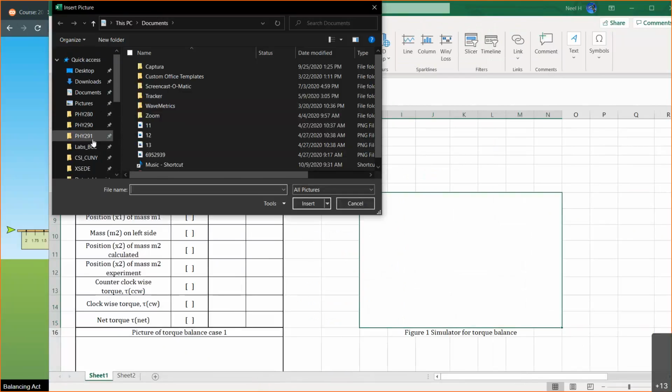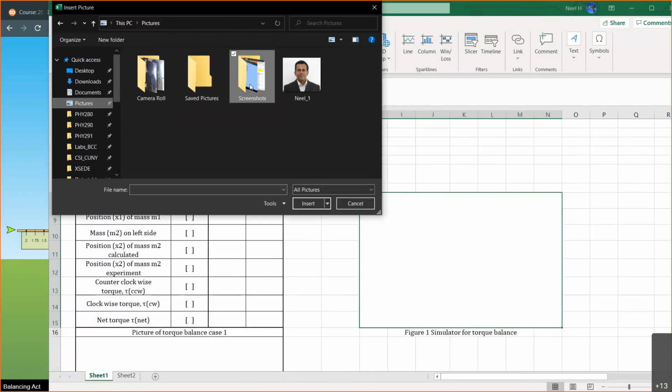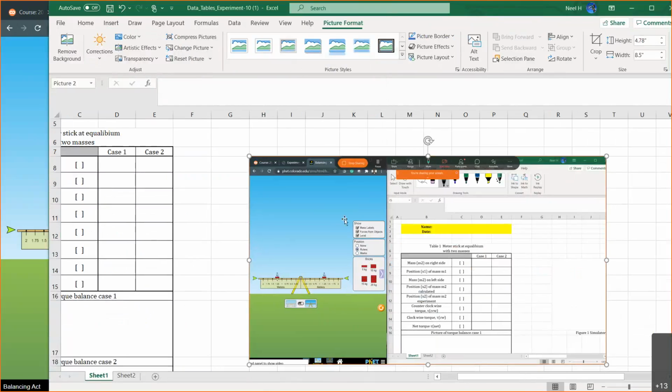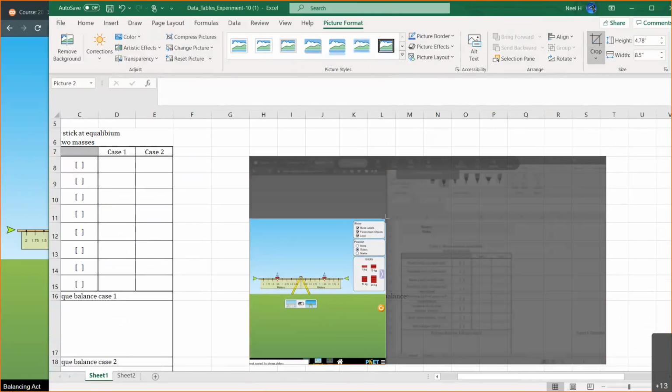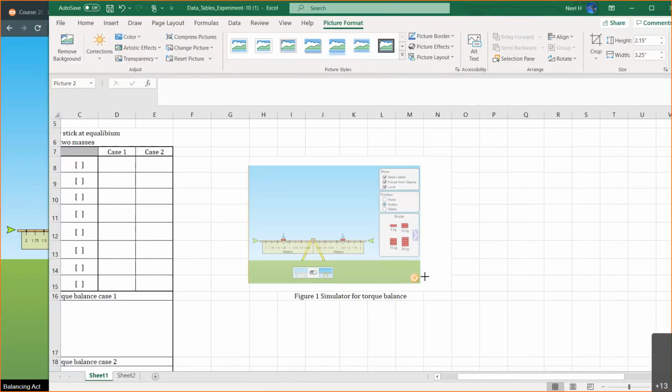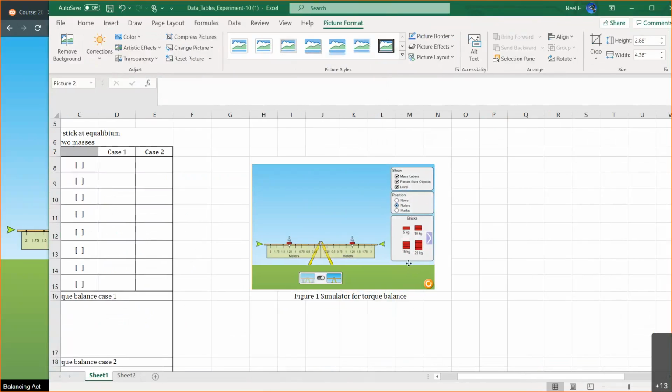Later we'll take a few more pictures with the simulator, but those are data. I will show you the difference between those pictures and this one. This one should show all the simulator information, because that's the simulator we are using. That's for the procedure.